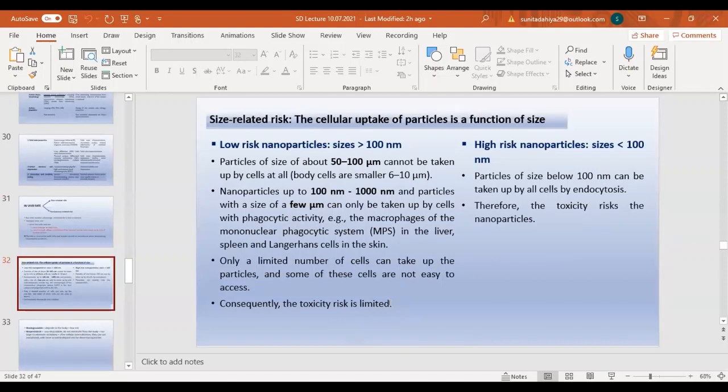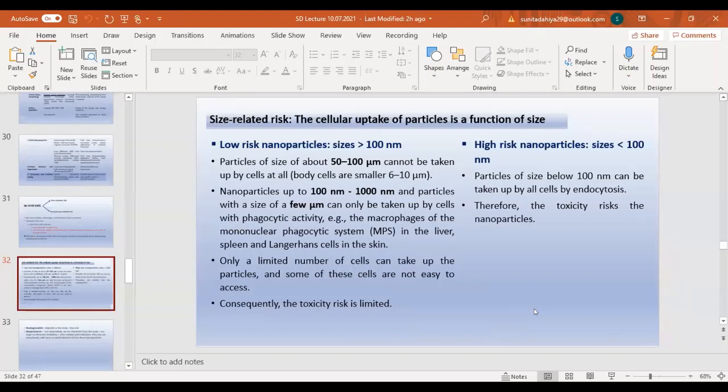So now think about all the possible particle sizes and how they can be taken up by the cells. If we talk about a larger particle of higher micron sizes, not lower micron size, 50 to 100 microns, they are very large particles with respect to the size of the cells.